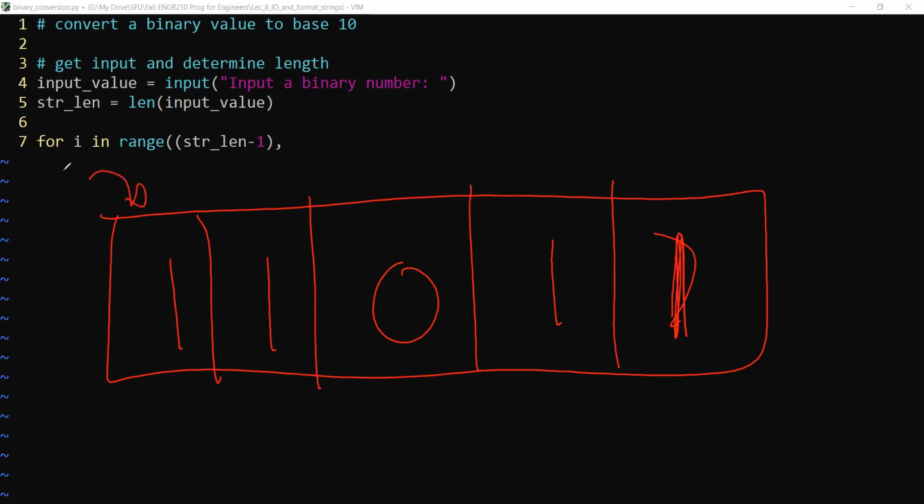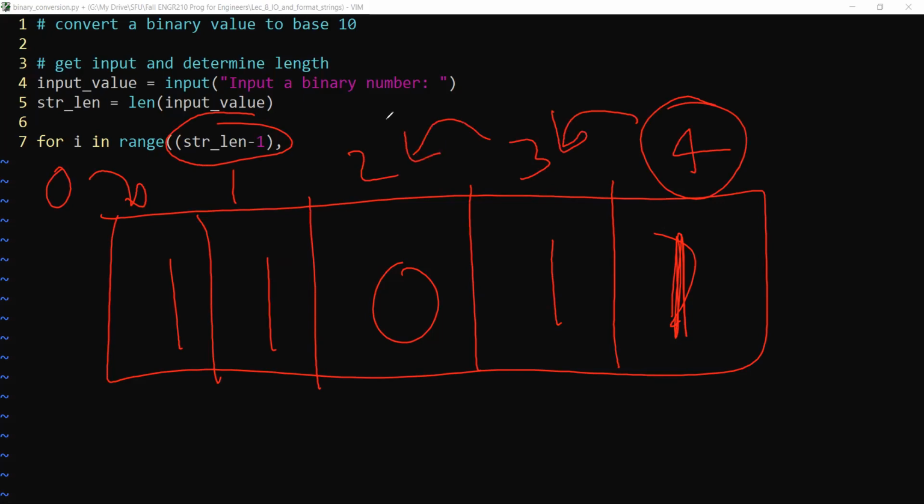This guy's array address is 0, 1, 2, 3, 4. So string length minus 1. This is a 1, 2, 3, 4, 5 character long string. So I'm starting on 4. I want to go backwards like that. Means that the place that I want to end is an array address of what? 0, right?